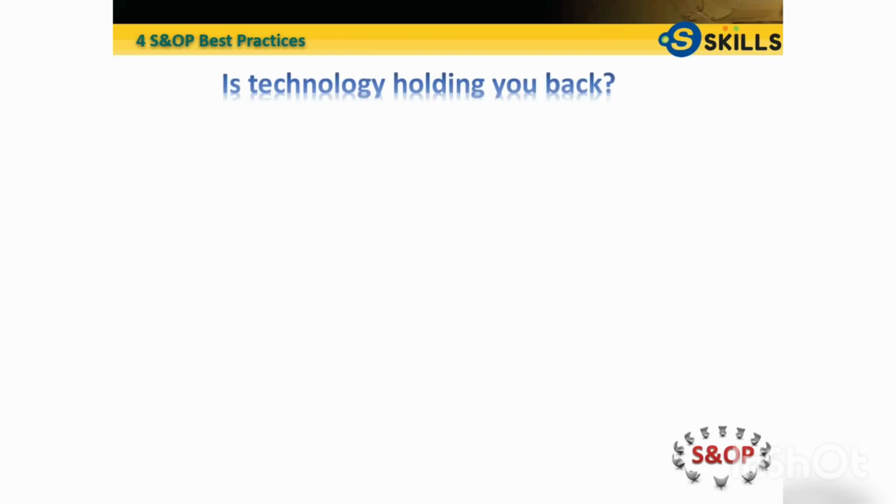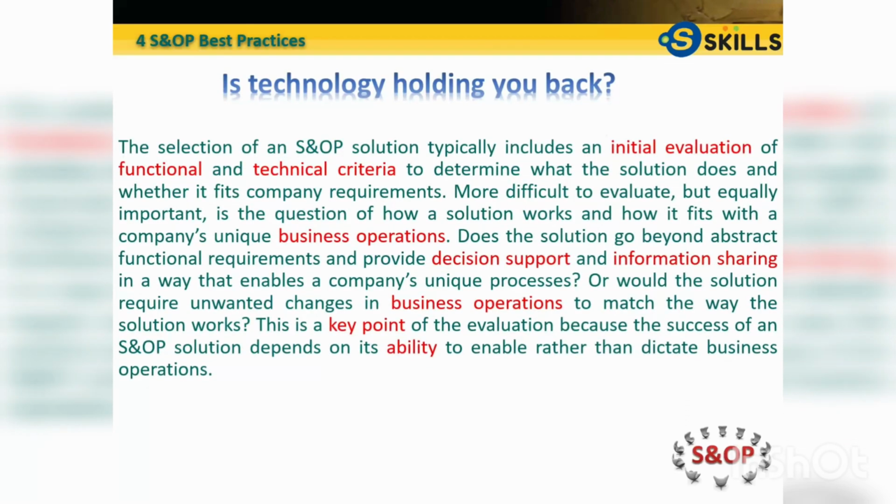Is technology holding you back? The selection of an S&OP solution typically includes an initial evaluation of functional and technical criteria to determine what the solution does and whether it fits company requirements. More difficult to evaluate but equally important is the question of how a solution works and how it fits with a company's unique business operations.